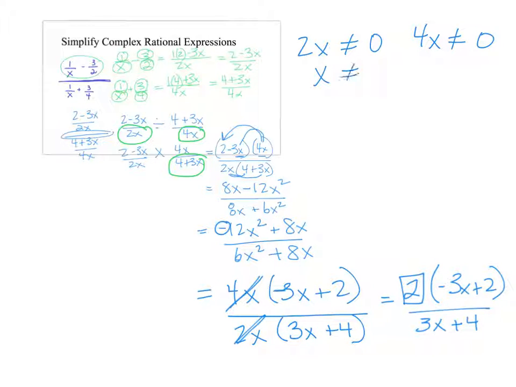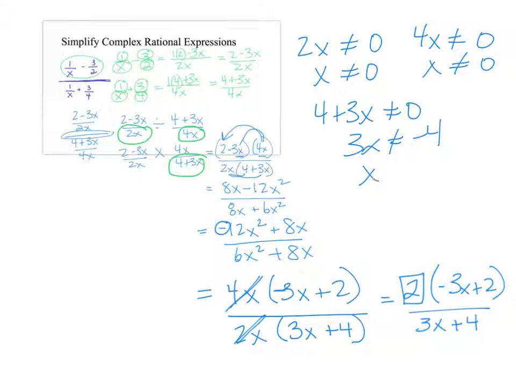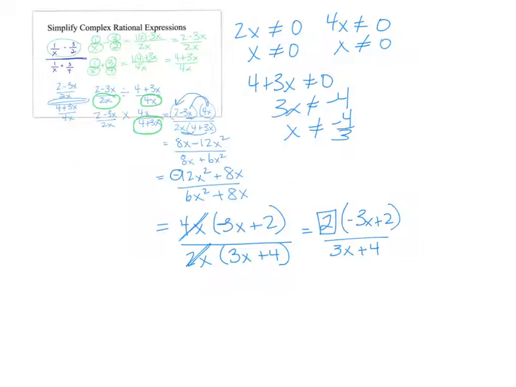So that means x can't equal 0, because when we divide 0 by 4 and 0 by 2, we're going to get 0. So x can definitely not equal 0. And then we have 4 plus 3x can't equal 0. So 3x can't equal negative 4, and x can't equal negative 4 divided by 3. So that means that our domain, when we identify it, is that x cannot equal 0 or negative 4 over positive 3.